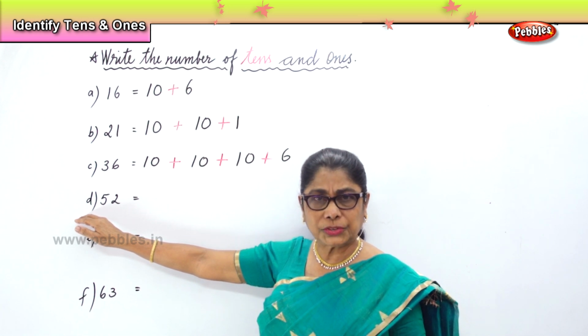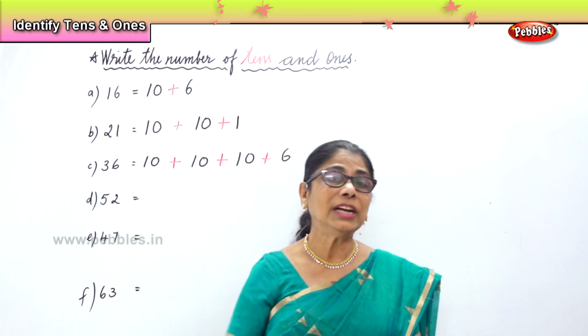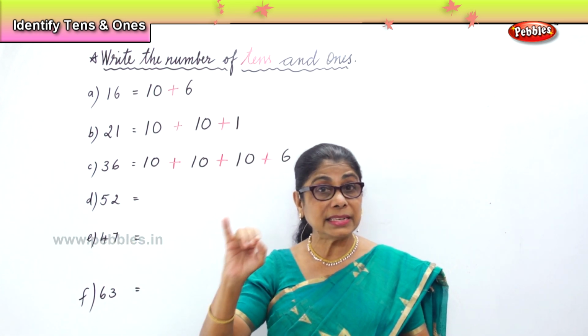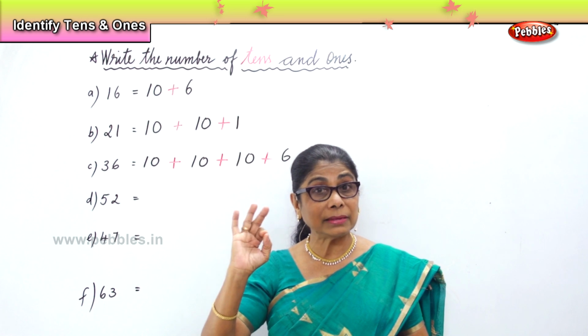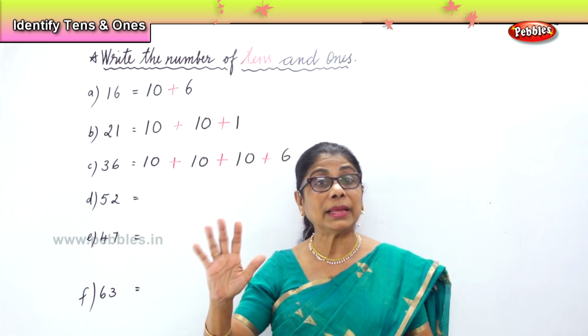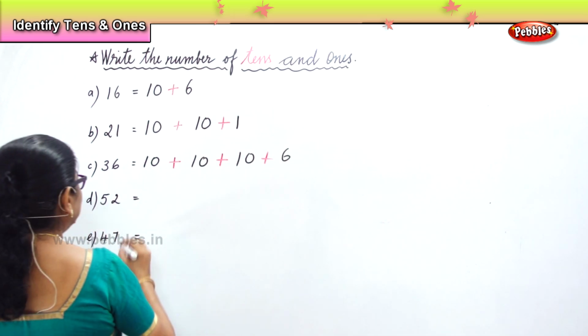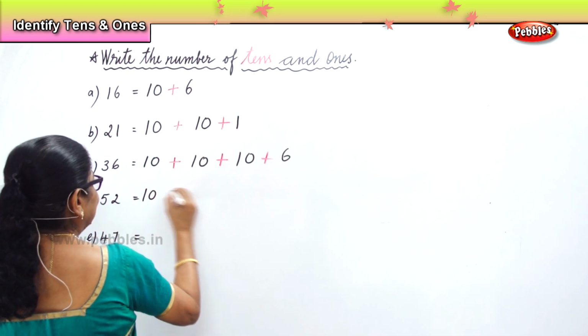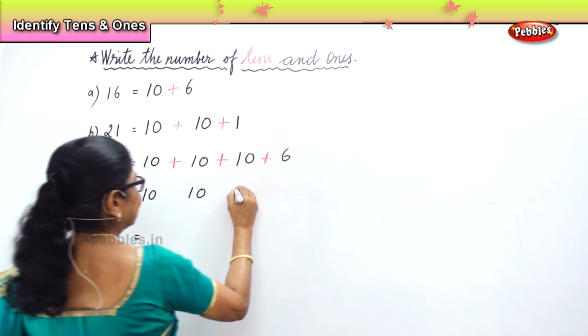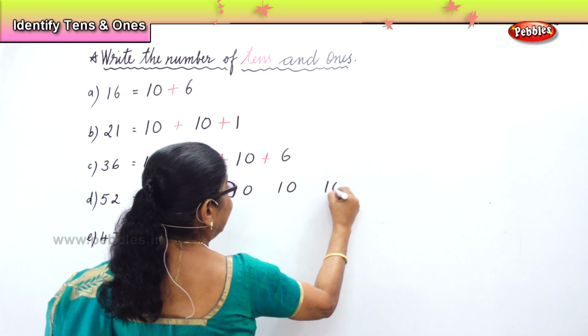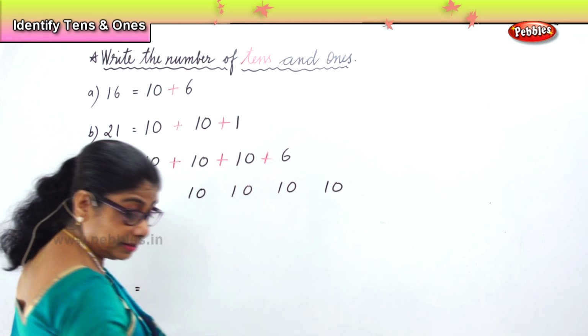5 in the tens place. Good. 2 in the ones place. So how many tens are there? 5 tens. 10 plus 10 plus 10 plus 10 plus 10 and then you have 2 ones. Good. So 52 means 1 ten, 2 tens, 3, 4 and 5. 5 tens.